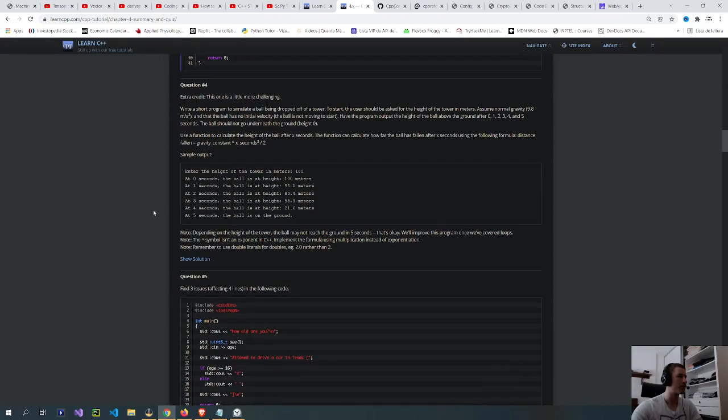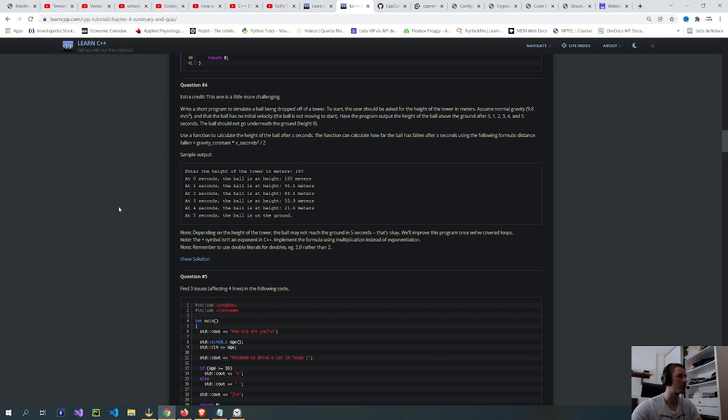Question 4, extra credit. This one is a little more challenging. Write a short program to simulate a ball being dropped off a tower. To start, the user should be asked for the height of the tower in meters. Assume normal gravity, 9.8, and that the ball has no initial velocity. The ball is not moving to start. Have the program output the height of the ball above the ground after 0, 1, 2, 3, 4, 5 seconds.